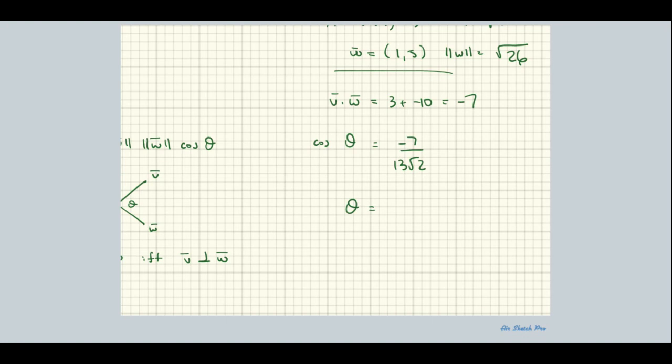Our cosine in degrees of -7 divided by 13 root 2. Okay.